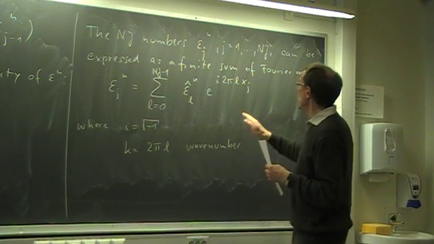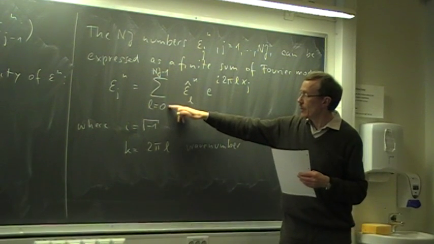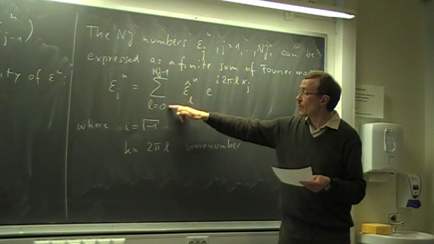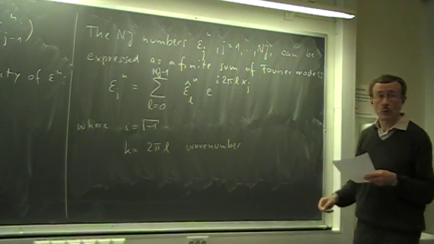You see it is appearing here, 2 pi l. The sum is over the natural numbers from 0 to nj minus 1, but the 2 pi l appearing here is the wave number.